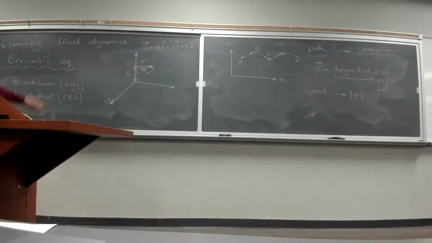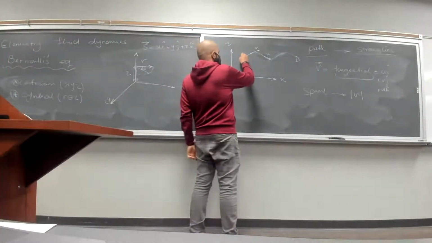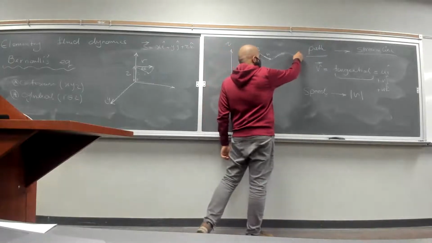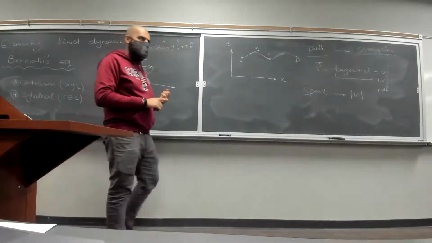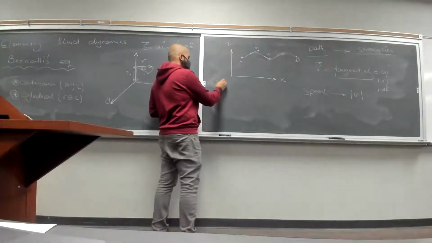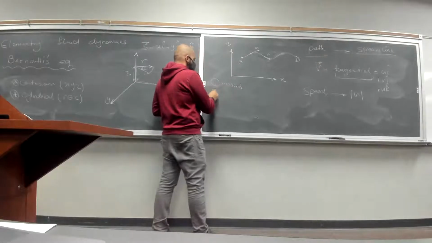For Bernoulli's equation, we are essentially going to apply Newton's second law on a streamline. So a path a particle takes to go from point A to point B, right? So inviscid flow, that was the first assumption. Inviscid, let me write it again. Incompressible.